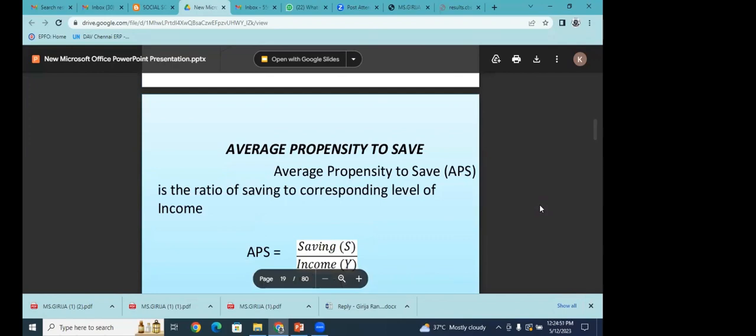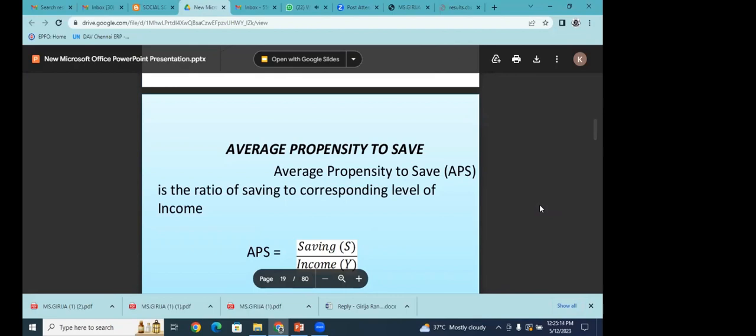So what is actually average propensity to save? The ratio between saving and the corresponding level of income, S by Y. This also you can explain by giving an example of an individual. Say Mr. Raju. Raju's income is say 50,000.